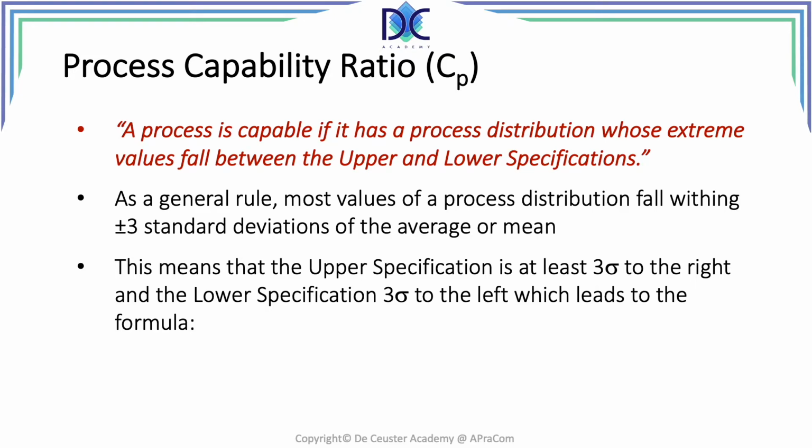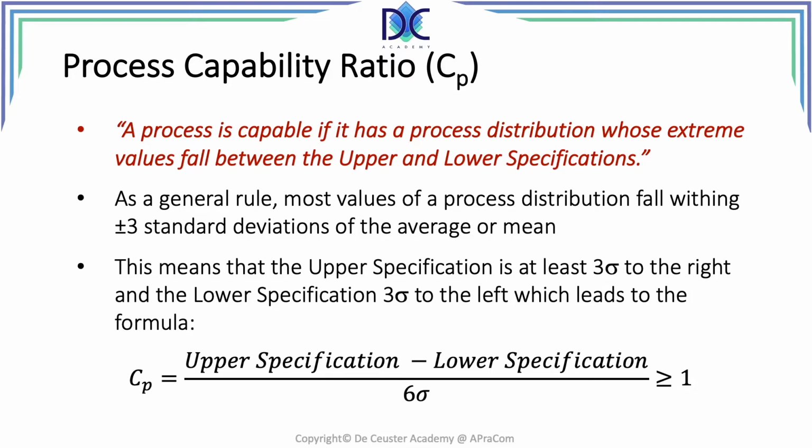And when we calculate this, we can calculate the Cp, the process capability ratio, as the upper specification minus the lower specification divided by 6 sigma, which has to be larger than or equal to 1. That's the one I mentioned before.